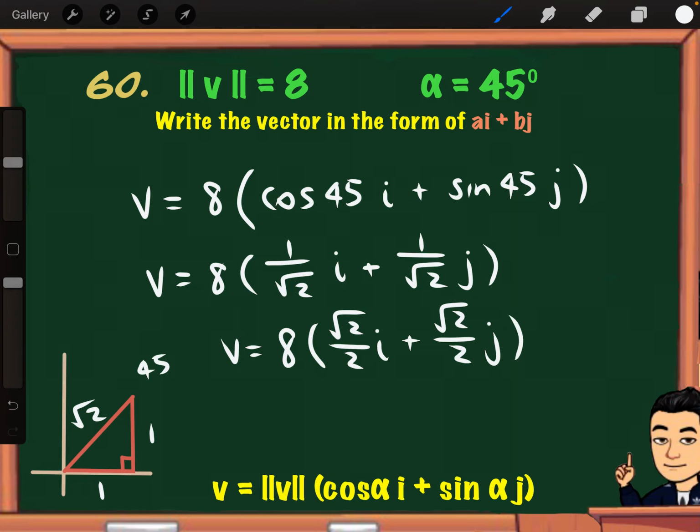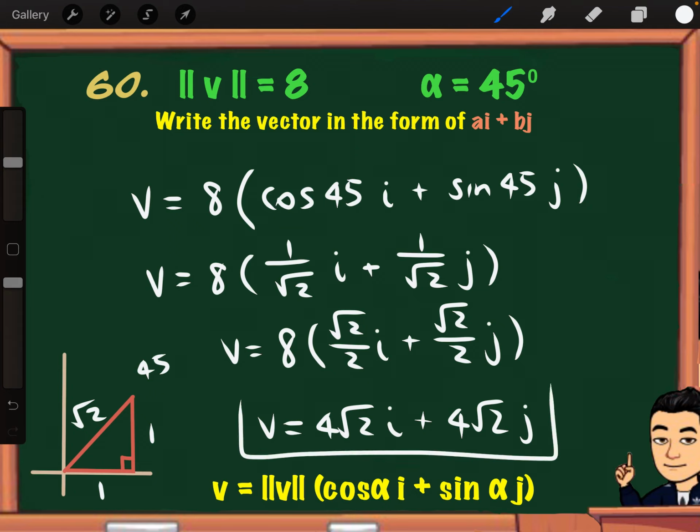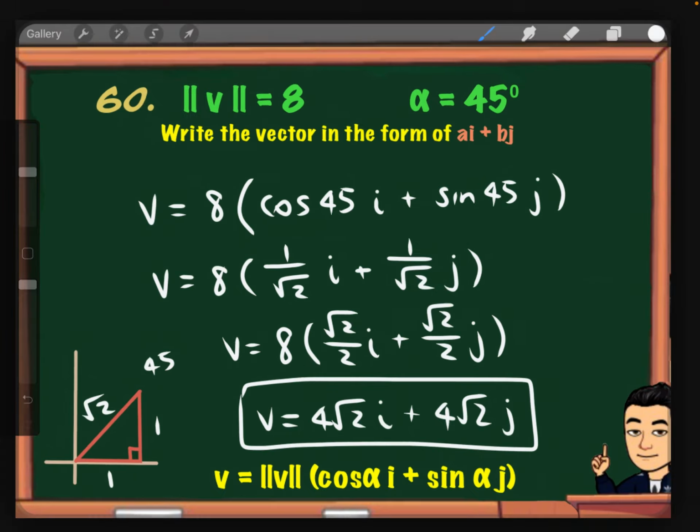Now distribute the 8, and you're going to get v equals 4 rad 2 i plus 4 rad 2 j. Okay, so that's going to be your answer. Check out the next one.